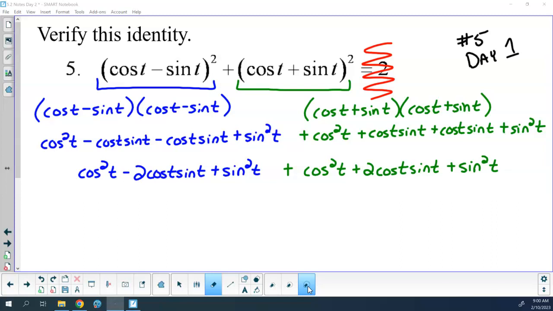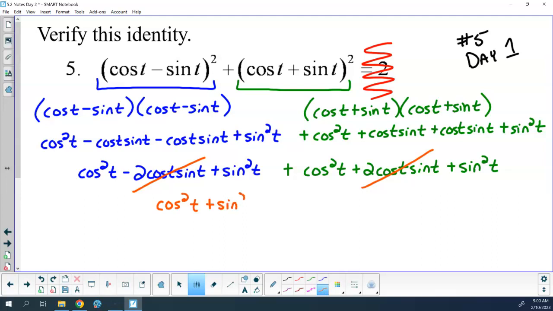Does anything in this blue-green line cancel out? These two right here cancel each other out. So that leaves me with, then, cosine squared of t plus sine squared of t plus cosine squared of t plus sine squared of t.